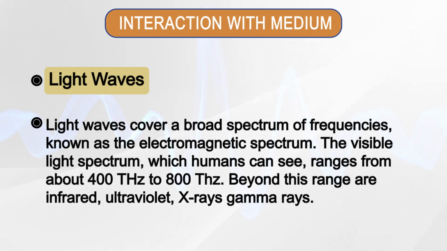The properties of the medium, such as the refractive index, affect the speed and behavior of light waves. The refractive index mu is equal to c upon v, where v is the velocity in the medium and c is the velocity in vacuum. So, they have their own effect on the velocity of light.